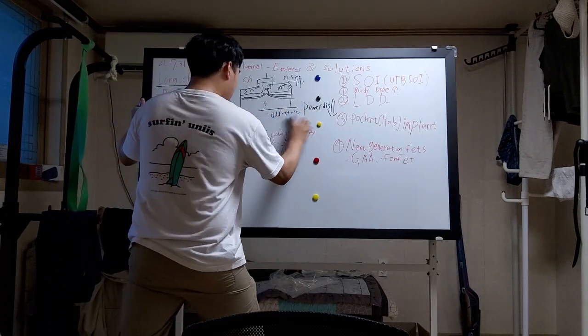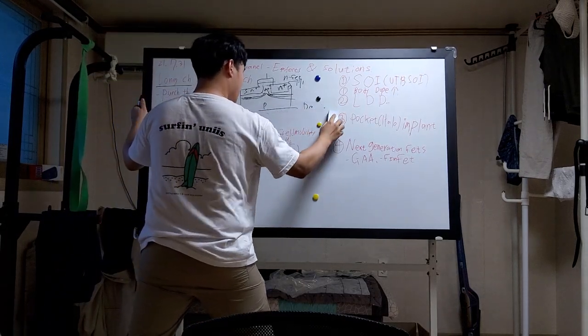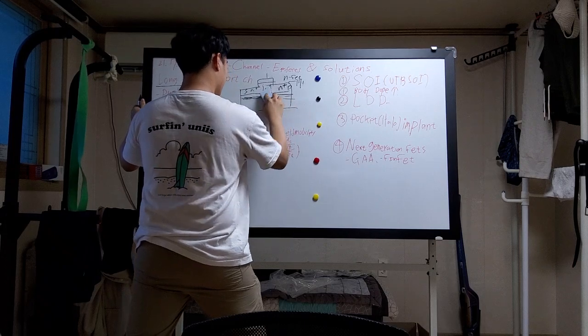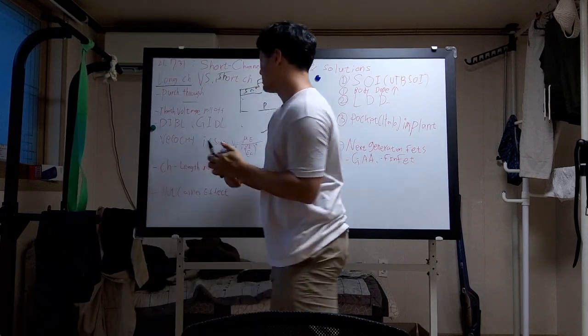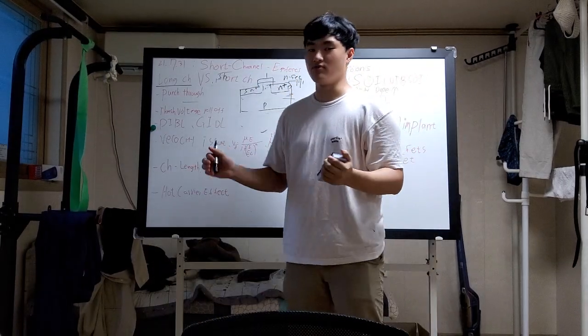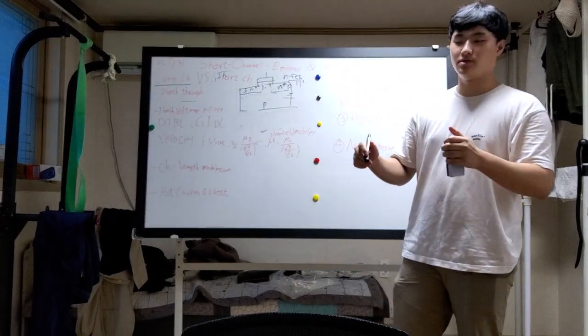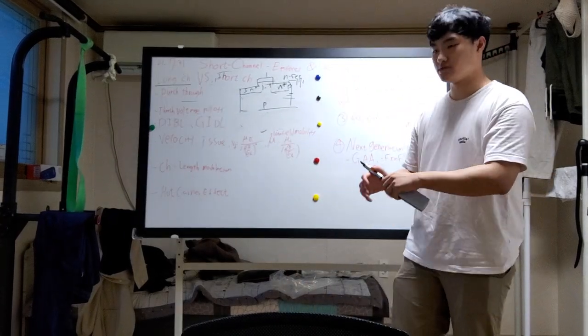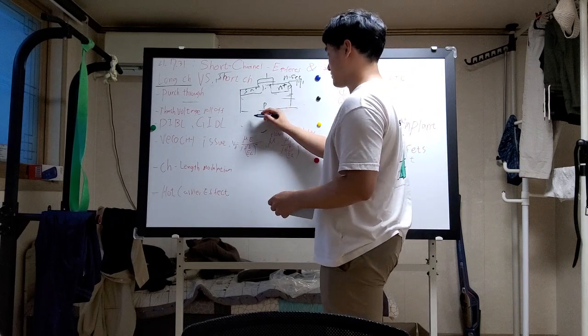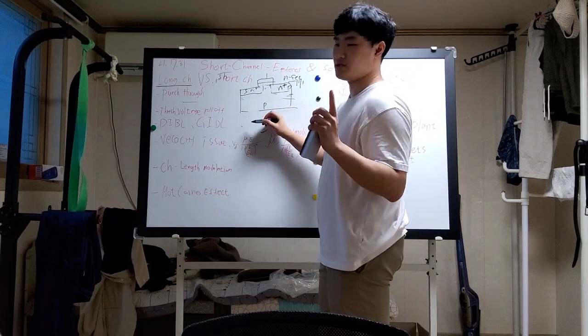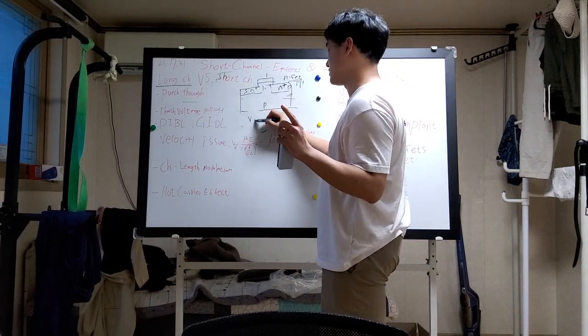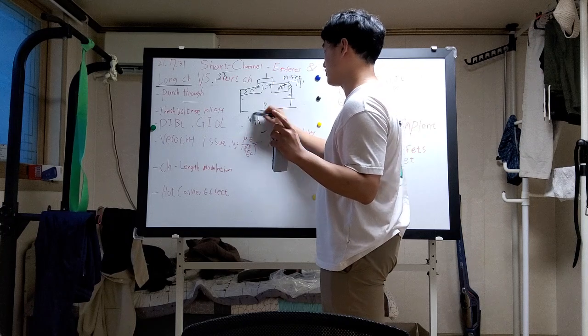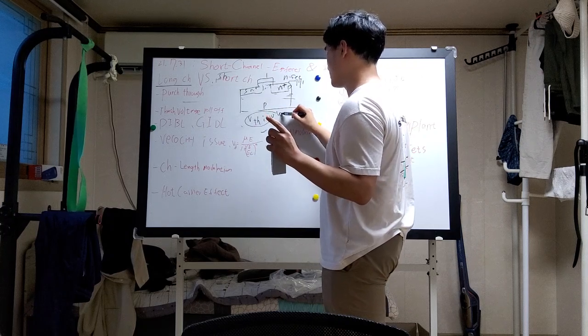And second, threshold voltage roll-off, which means the threshold voltage goes down. So let's see. There was a device that I just made. The threshold voltage was 5 volts for the gate voltage.